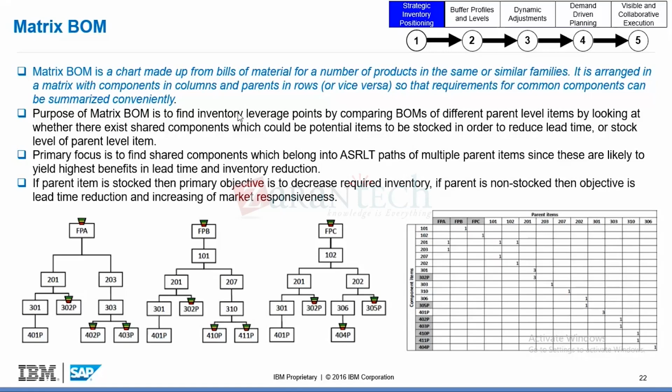So the purpose is to find the decoupling points by comparing BOMs of different parent level items, by looking at whether there exist any shared components between these, which can be stocked so that it can affect all the FG productions.